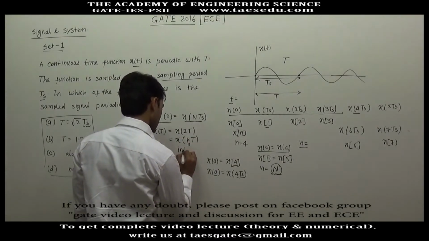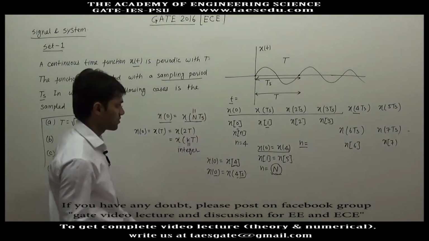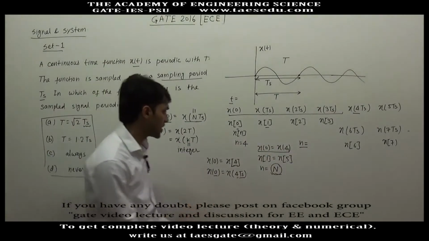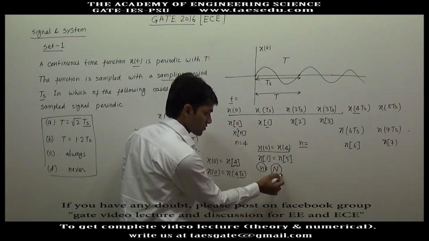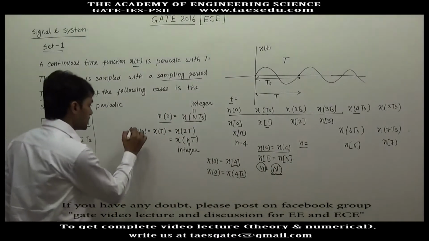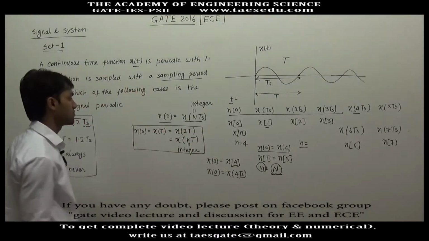This is an integer, and N is also an integer, because in a discrete time system the variable n is always an integer, so capital N will also be an integer. This is given because the continuous time function is periodic with T.